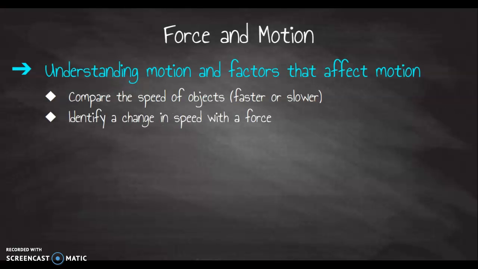They will be learning how to identify a change in speed with a force. And they're going to understand gravity. So these will be the key components of force and motion, and Earth and the universe and force and motion will be the 2 science units that we focus on for the second 9 weeks.